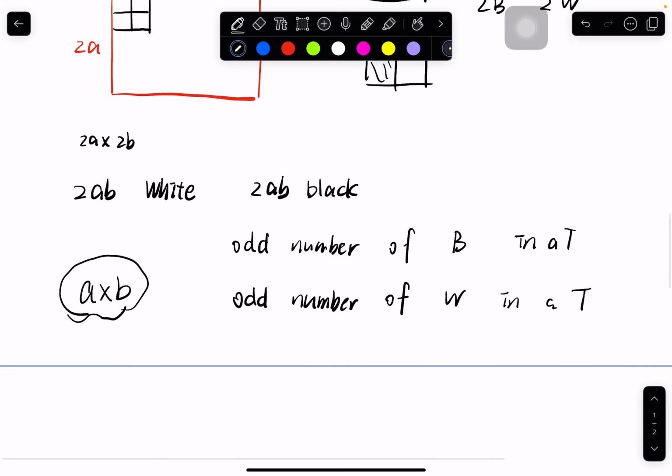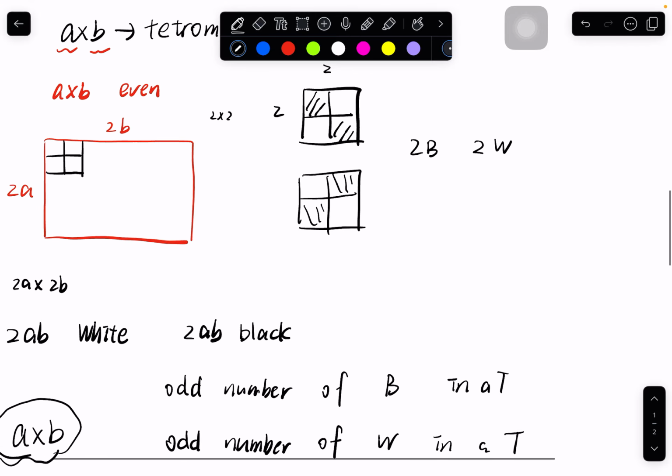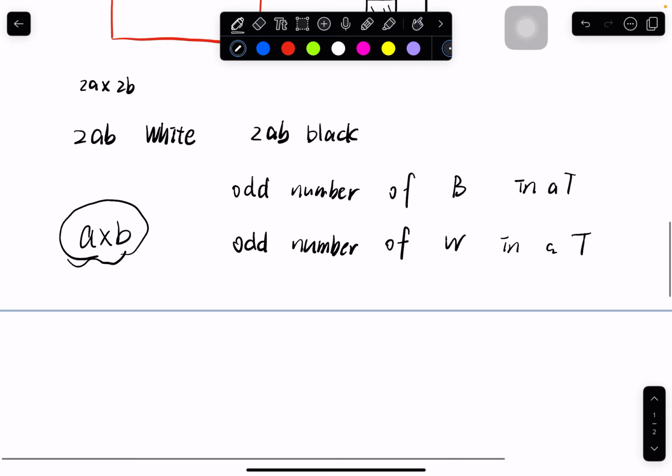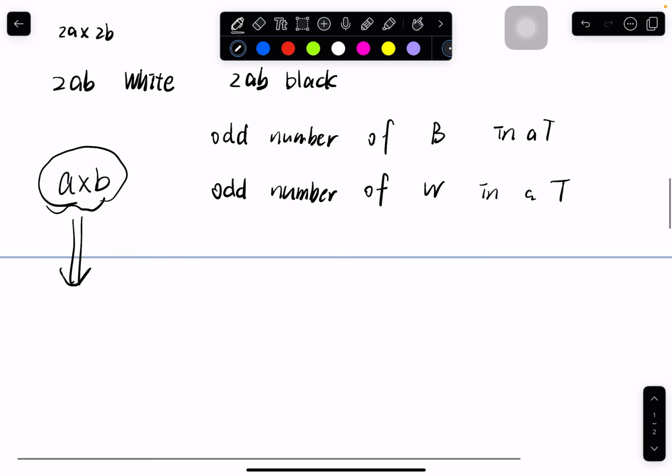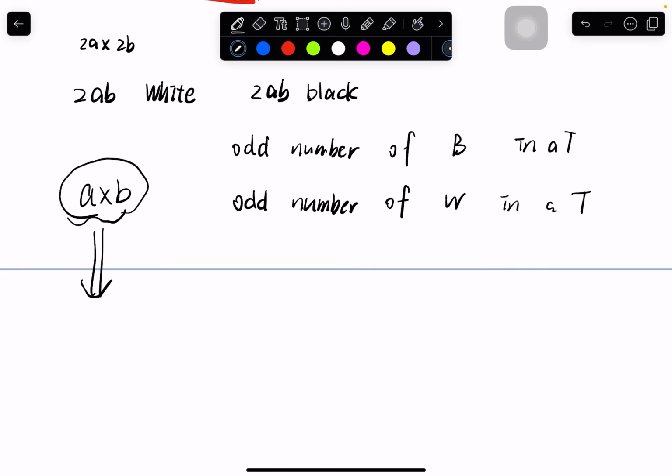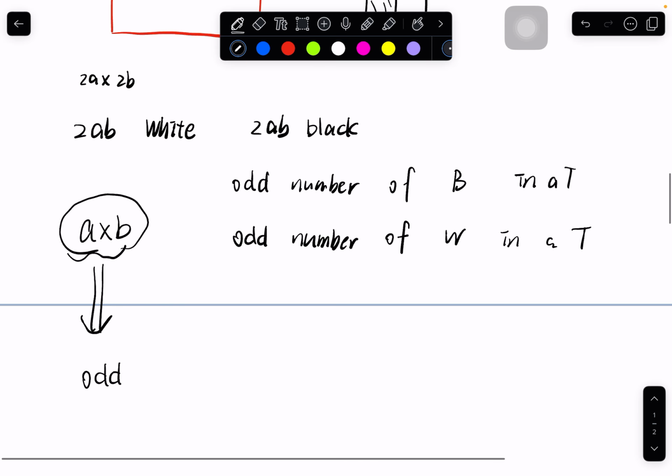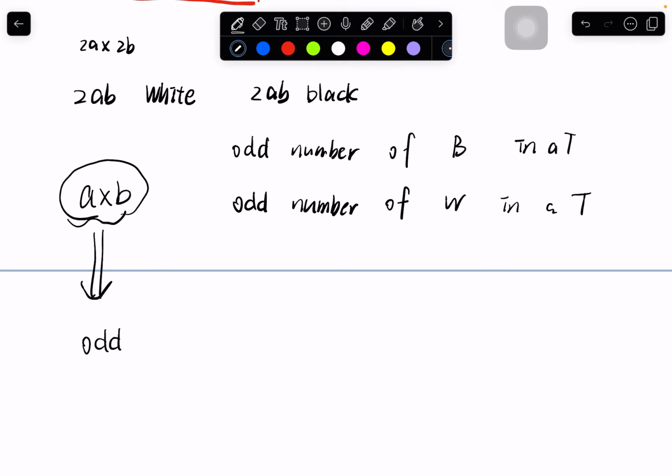The number of tetraminoes filling up the rectangle is also a times b. Sorry, I probably made some mistakes by saying even and odd incorrectly.